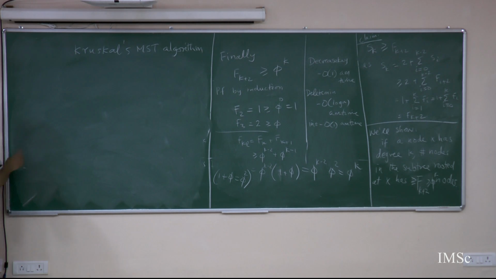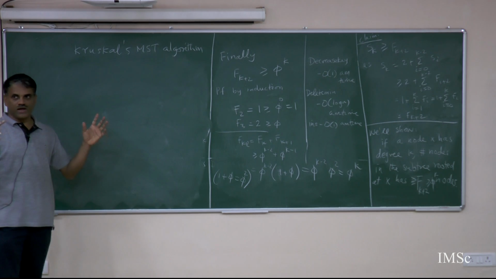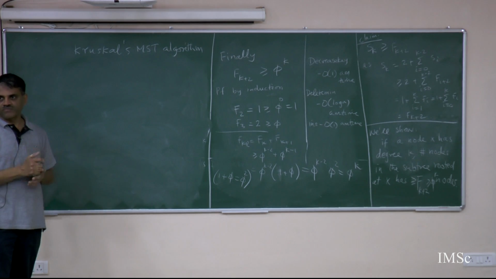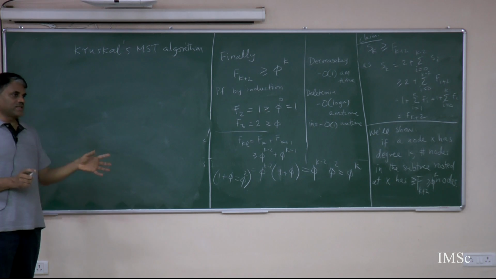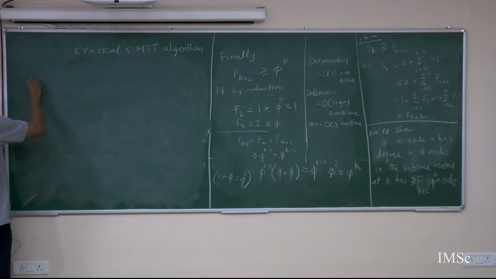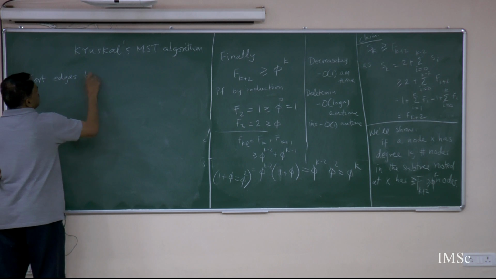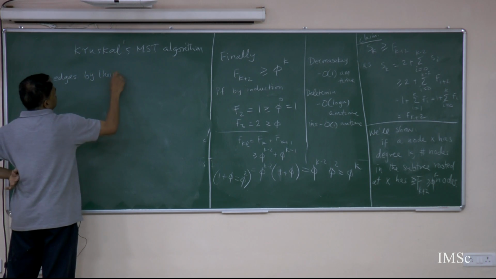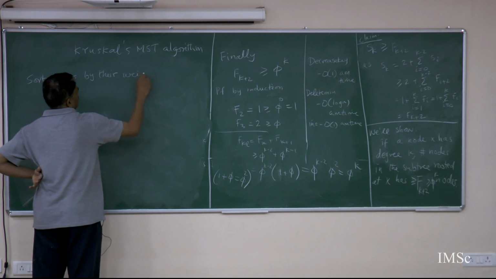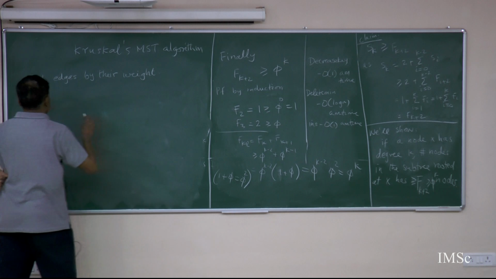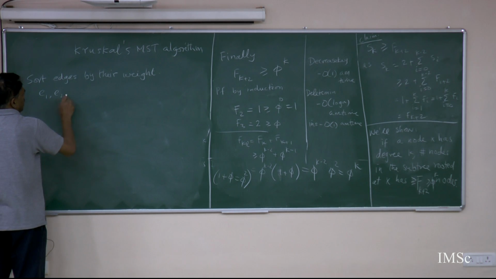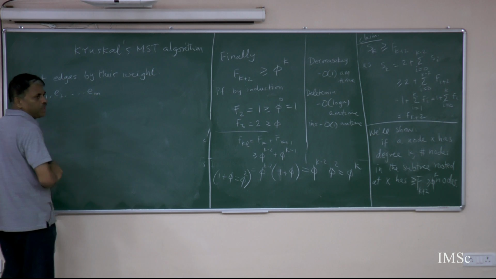We are going to consider edges in increasing order of their weights. The minimal spanning tree problem comes with a graph where every edge has a weight. So it's convenient to sort edges by their weight. Let's call them E1, E2, ..., EM.